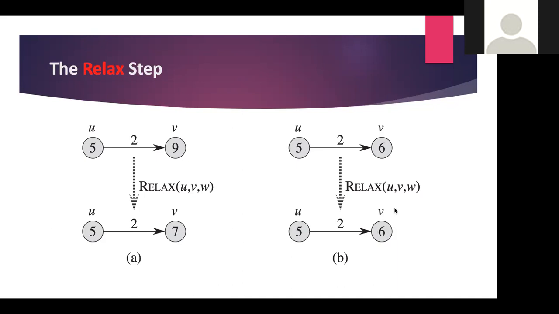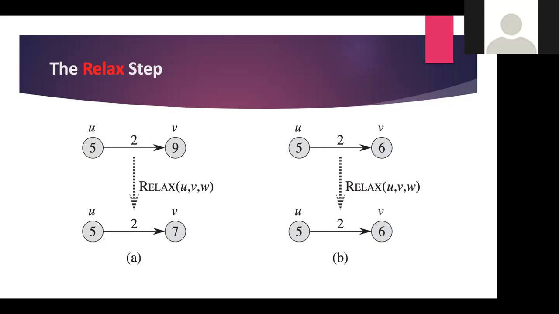And so the relax step will leave this as 6. So a relax step essentially processes an edge and makes sure that the lengths of the shortest paths to both ends of that edge are meaningful, in the sense that they don't contradict each other, or you have taken that edge into account for all possible shortest paths.